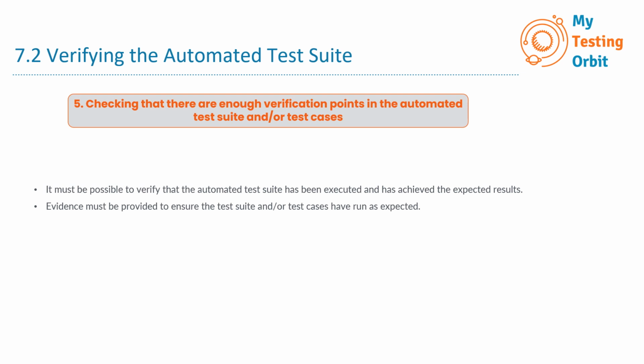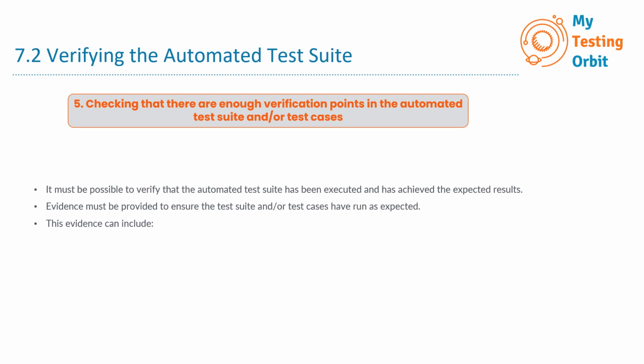Evidence must be provided to ensure the test suite and/or test cases have run as expected. In software testing, providing evidence is like keeping a detailed record of the steps taken during testing. It is important to show that the tests were carried out properly and make sure that the software functions as expected.